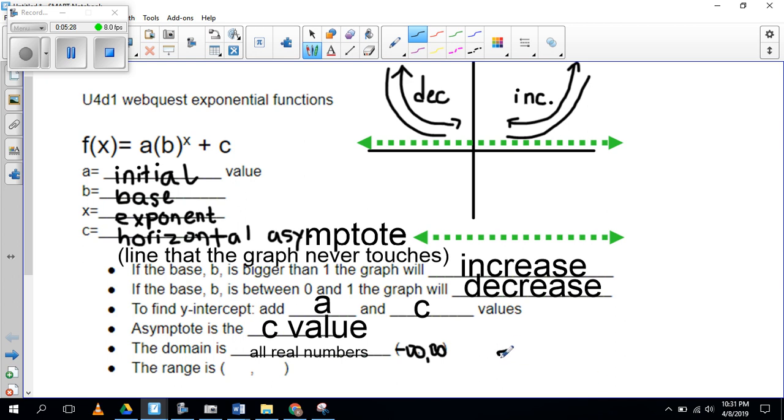So basically, if we look here, from negative infinity to positive infinity, negative will be on this side, positive will be on that side. Okay? So the range is always going to be your C value, whatever that C is, your asymptote, to infinity. Okay? So in the next video we're going to actually work some of these.